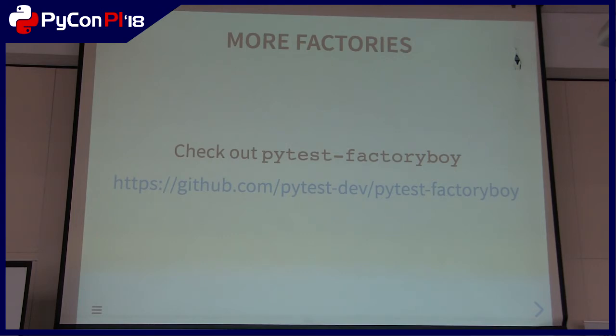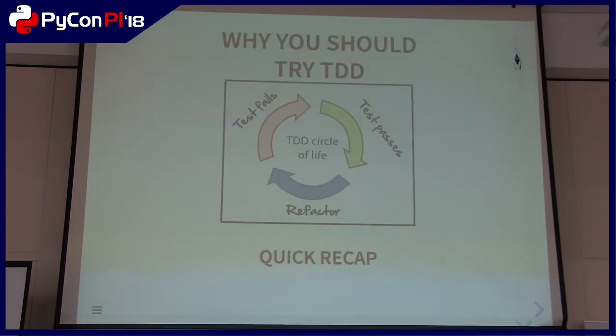And now we are approaching the most important part of the talk. I would say, if you remember just one thing from the talk, it should be this one. Test-driven development. And just a quick recap, how does it work?